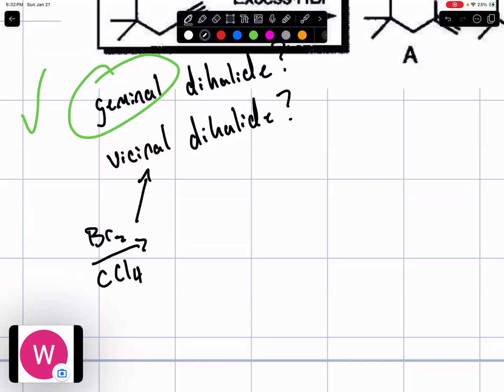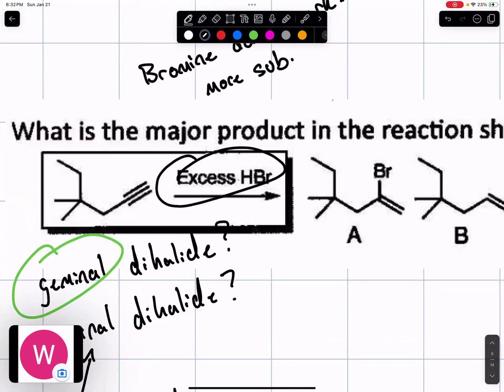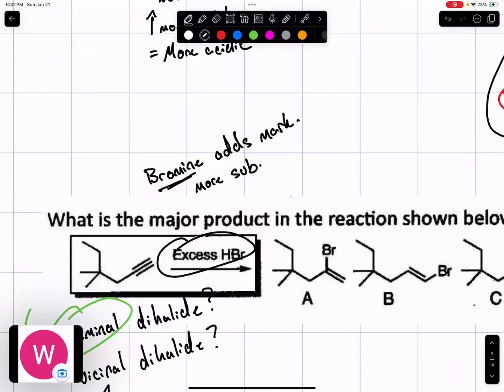Remember, that would produce vicinal because it adds to 2 carbons opposite to each other, right? And here we're only using excess HBr. And so excess HBr adds a bromine Markovnikov, or to the more substituted side.